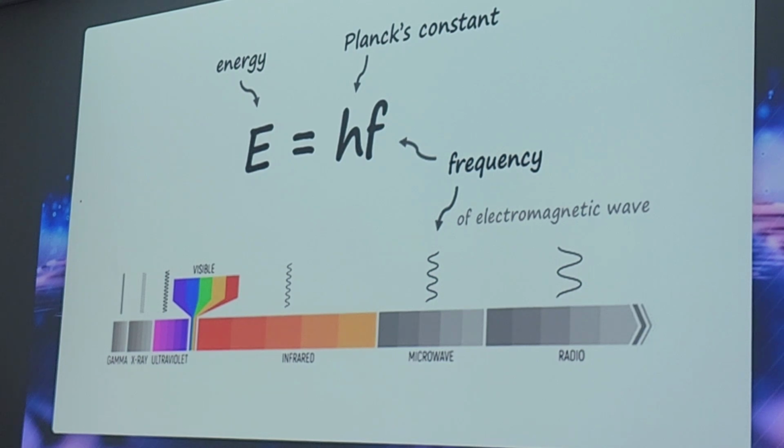So he came up with a formula to figure out the energy of electromagnetic radiation: E equals HF, and the H is known as Planck's constant because it was Max Planck that came up with this. What that H represents is the amount of energy that a photon, the tiniest particle, is able to carry at a given frequency.